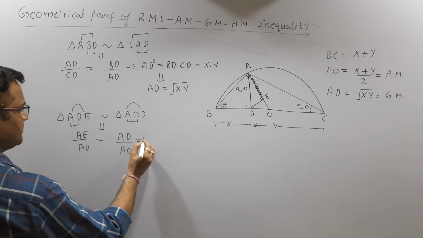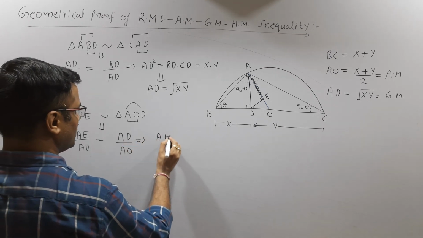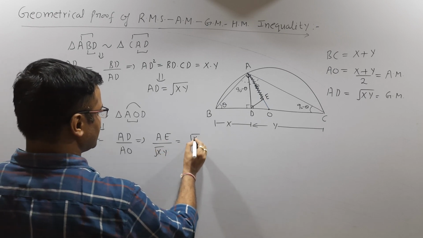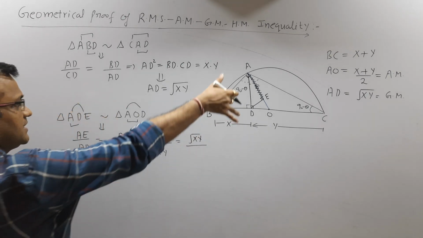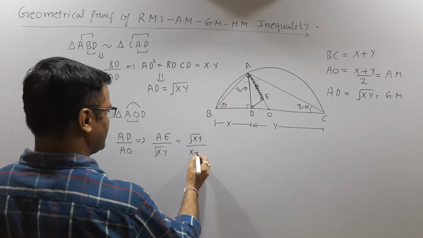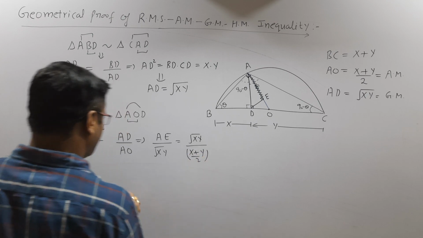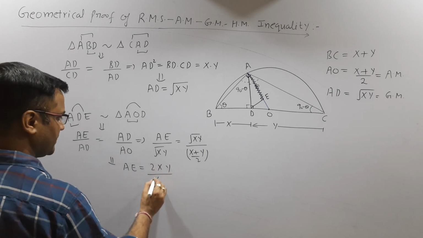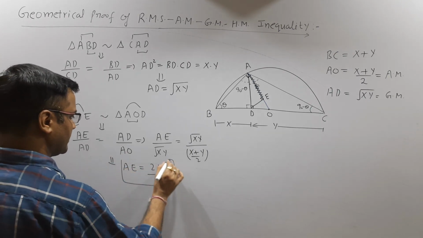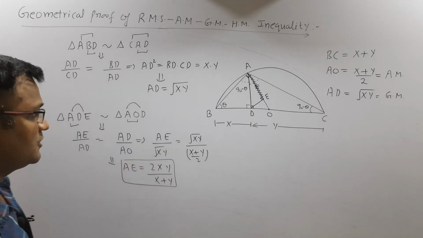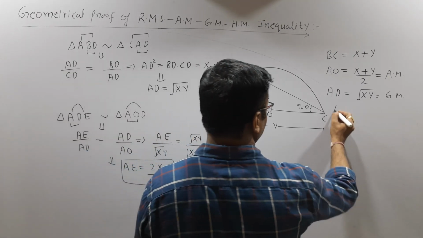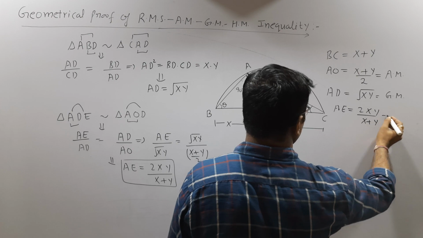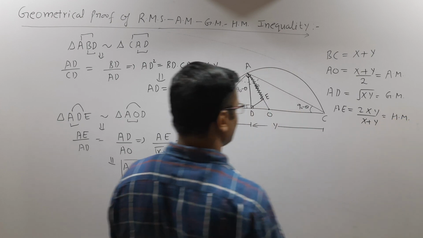This implies AE, which is unknown, upon AD, where AD is root of XY, equals root of XY upon AO, and AO is the radius of the circle, that is (X plus Y) upon 2. So from here, the length of AE is clearly 2XY upon (X plus Y), which is a well-known quantity known as the harmonic mean of two positive real numbers X and Y.